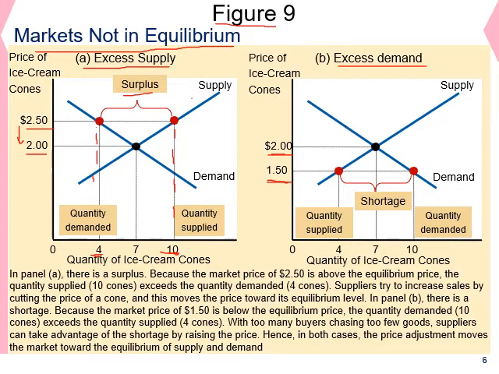Therefore, sellers want to sell only four ice cream cones, and buyers want to buy 10 ice cream cones, and this will lead to a shortage of 10 minus 4, which is 6 ice cream cones. And there will be an upward pressure on the price, which will tend to rise until quantity supplied and quantity demanded are equal at the equilibrium.